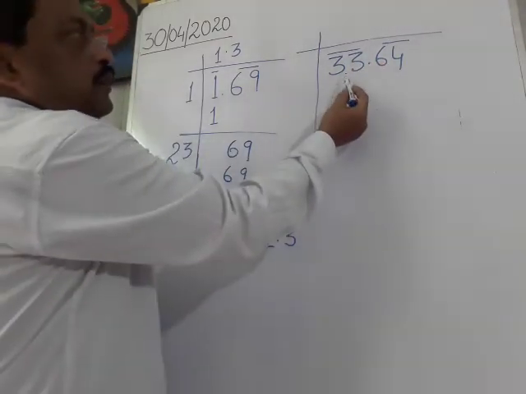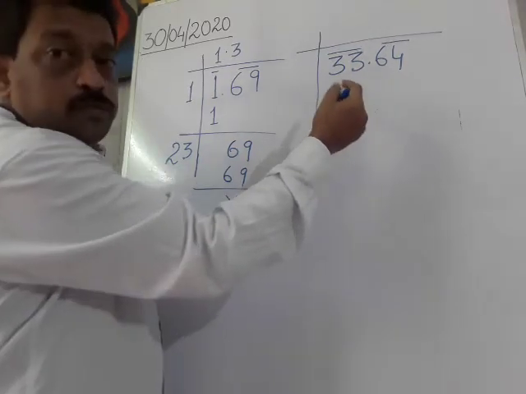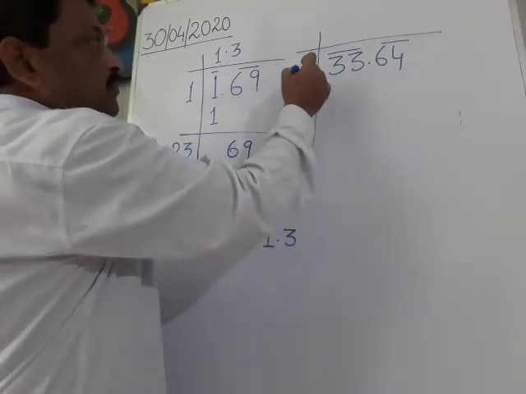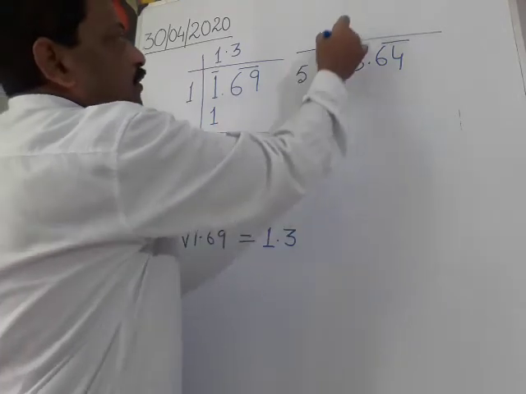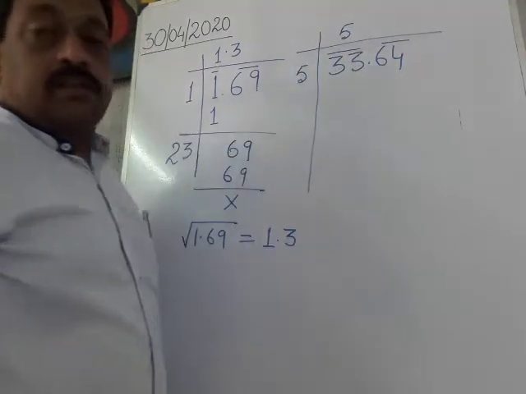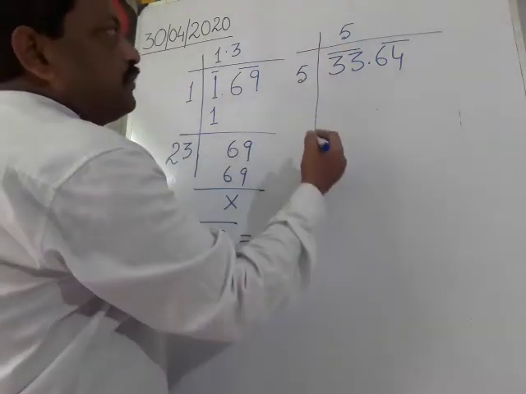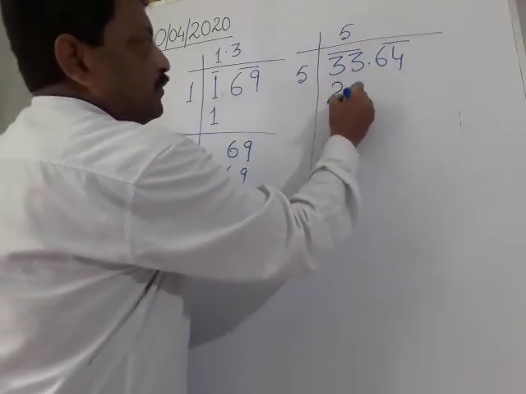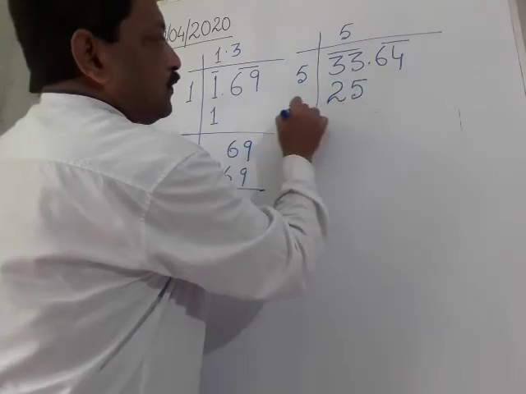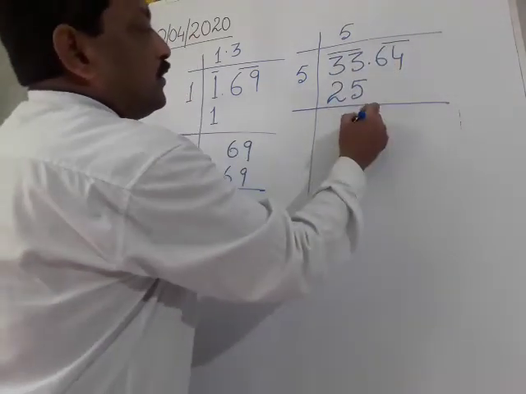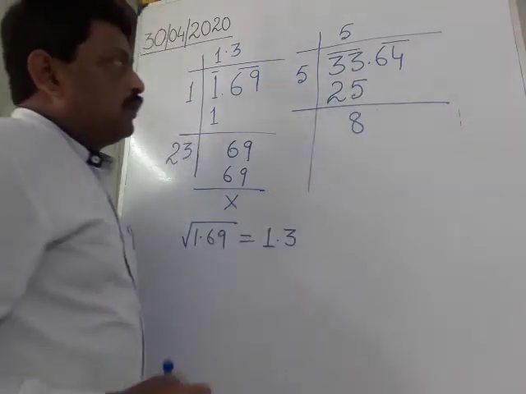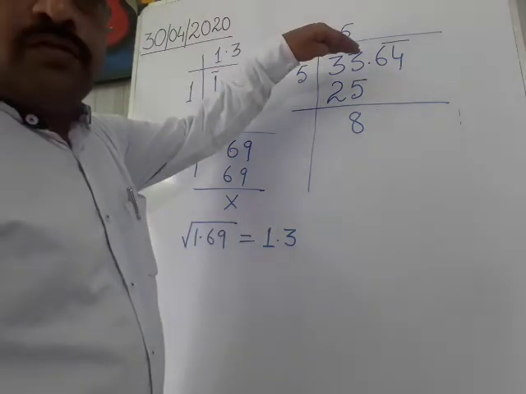Now think of a number whose perfect square is nearer to 33. So that is 5 only. 5 5s are 25 and 6 6s are 36, which is becoming more than 33. So 5 5s are 25. Remainder is 8.